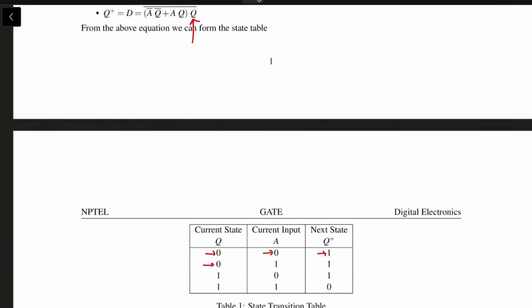And of course, since Q is equal to 0 for this, you will get 1 here as well. Finally, when Q is 1, we can eliminate that, and we can eliminate that, and D becomes equal to A bar. So for 0 you will write 1 here, and for 1 you will write 0.